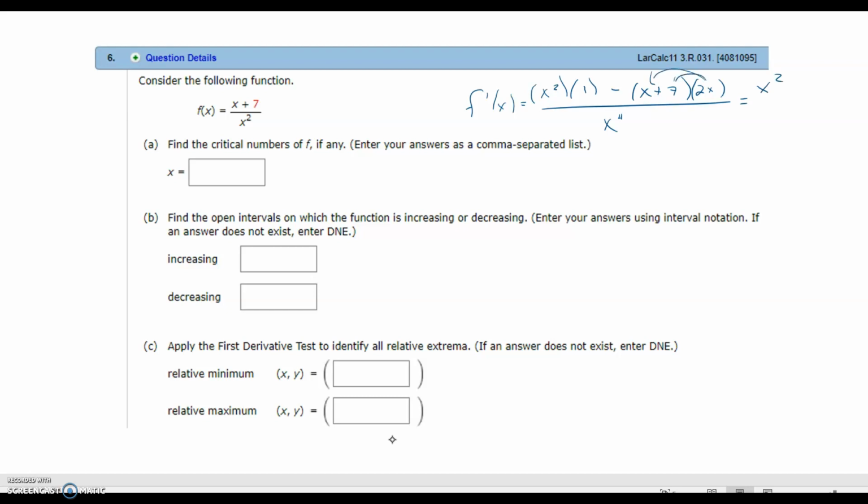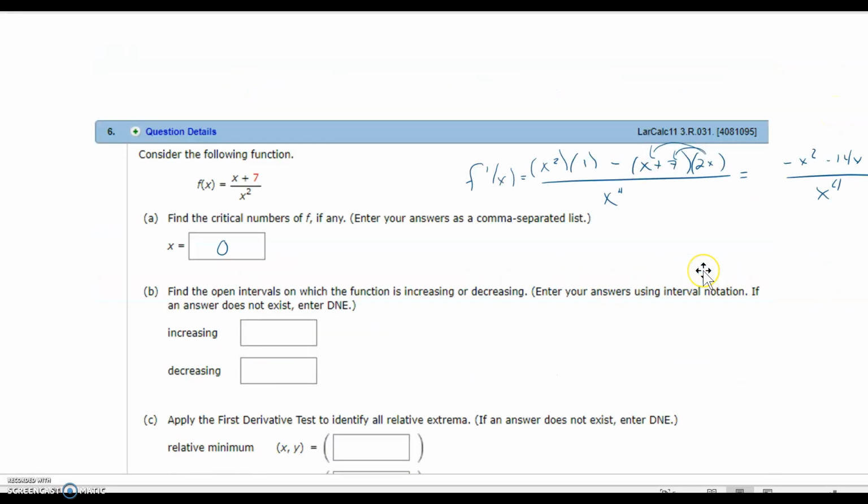This would be 2x squared plus 14x, so that should just be negative x squared minus 14x all over x to the 4th. Okay. When's that guy equals 0? Well, there's definitely a critical number at x equals 0, because that's when the derivative is undefined.